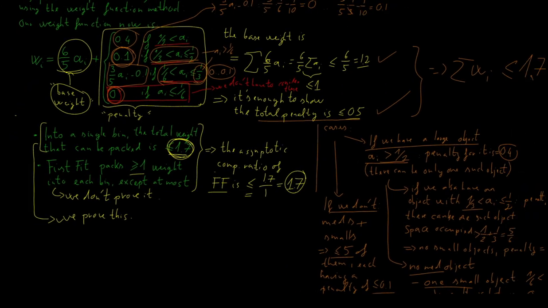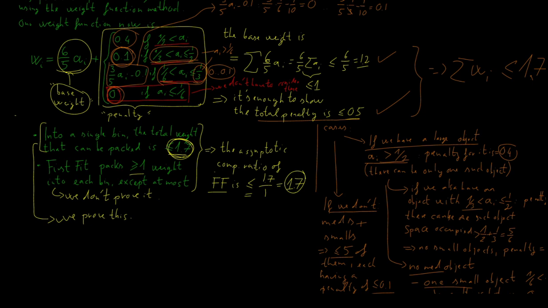Now, proving that first fit packs at least a weight of 1 into almost all the bins is a similar case analysis, but there are many more cases, and you can see some details in the lecture notes if you wish.